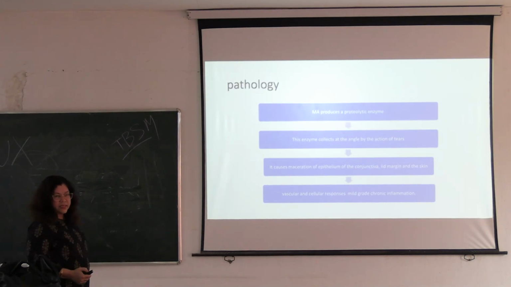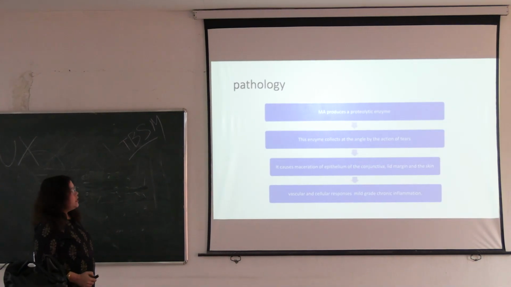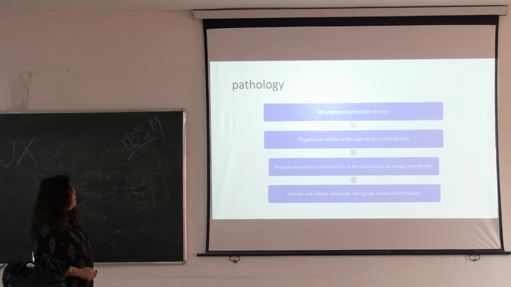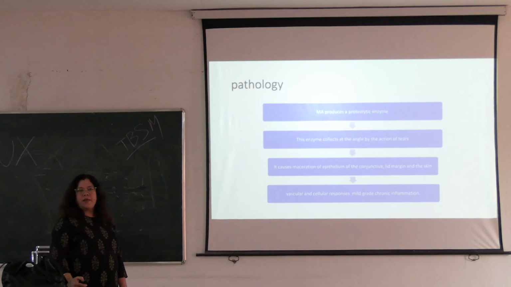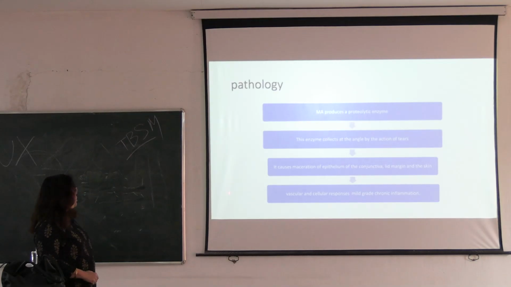It is caused by the Morax-Axenfeld bacilli, and this bacilli produces a proteolytic enzyme. This proteolytic enzyme collects at the angle by the action of the tears, and it causes maceration of the conjunctival epithelium, lid margin and skin near the lateral canthus.